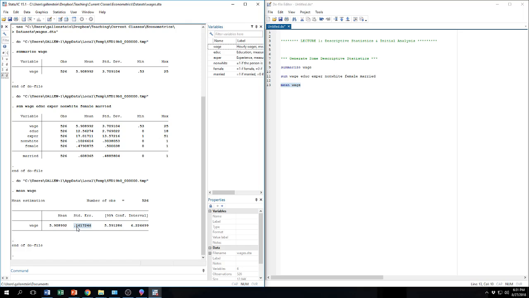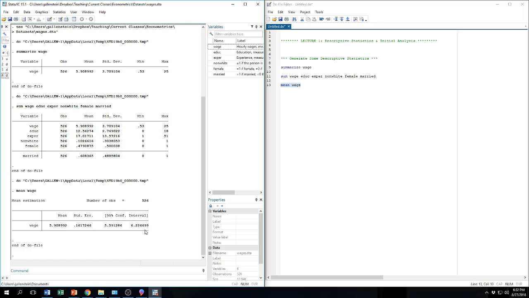If you remember, the standard error is the standard deviation divided by the square root of the sample size. And then it gives you a confidence interval, which we don't need to get into at the moment.